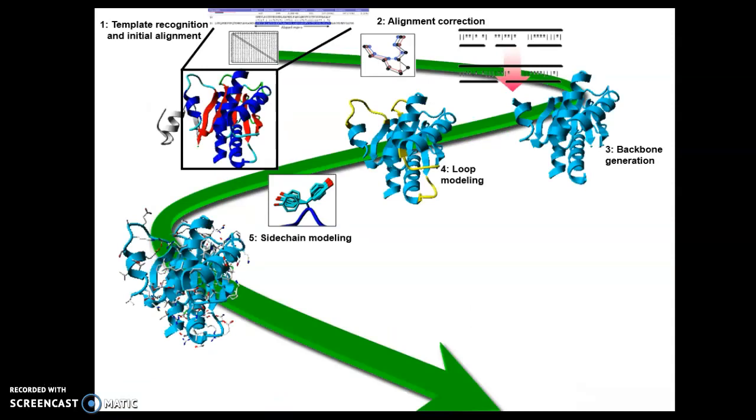After the loop modeling is what is known as side chain modeling. So once the loops have been taken care of, we need to perform what is known as side chain modeling. So here the accuracy of the side chain is important in giving you the correct structure. So the side chain modeling is, you know what is a side chain, and the exact angle in which they occur has to be determined by this side chain model.